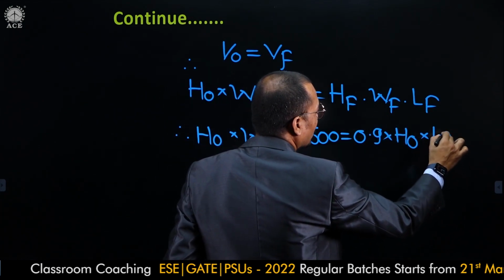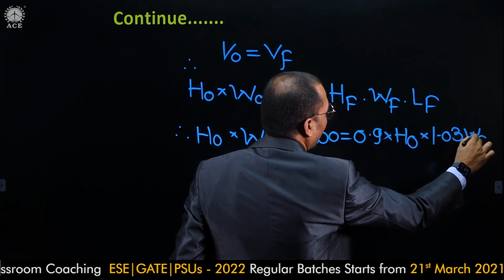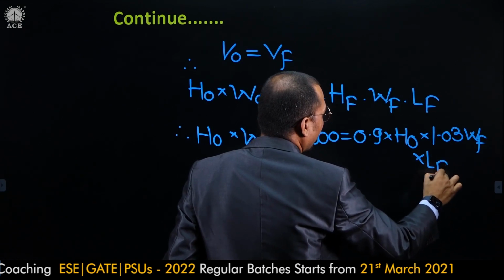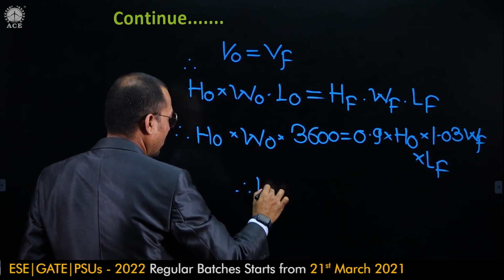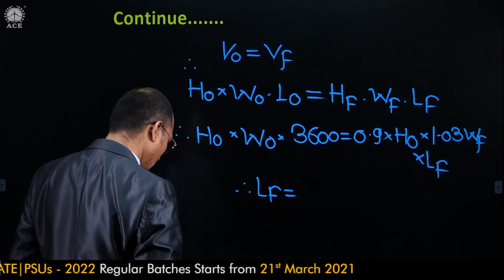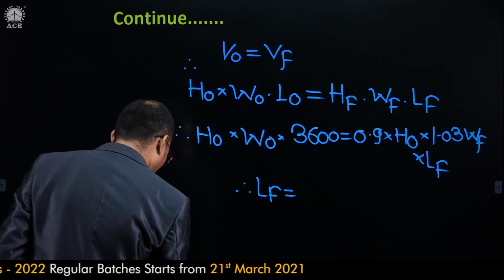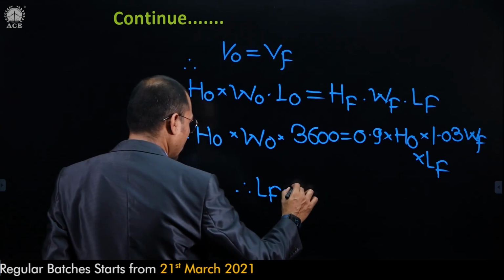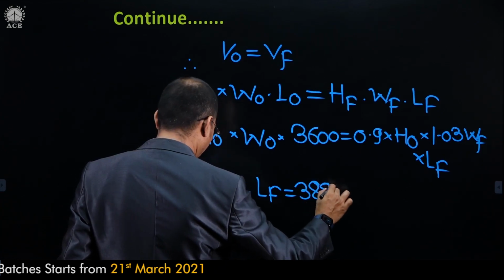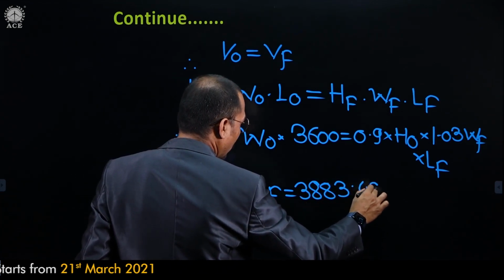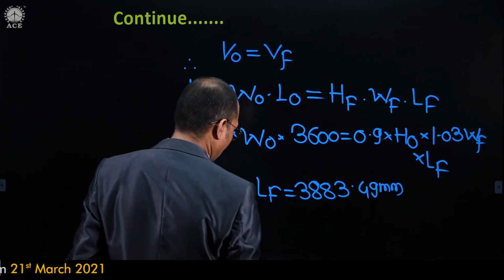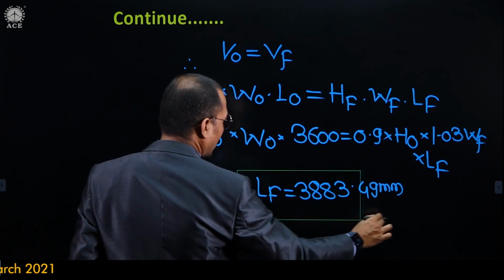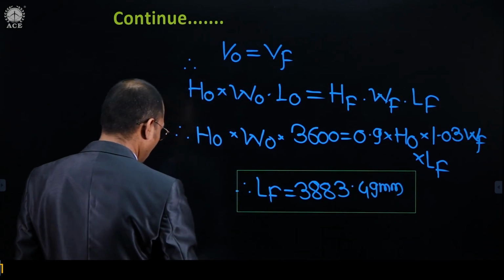Final width is 1.03 into WF multiplied by LF. Therefore, if we calculate that, the final length, if I am not wrong, comes to 3883.49 millimeter. This is the final answer.